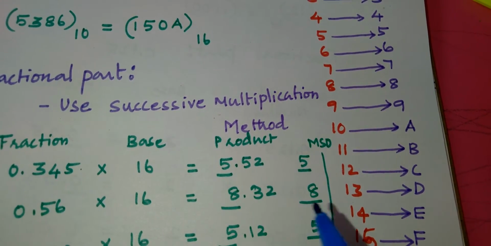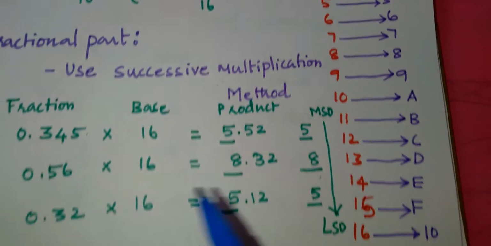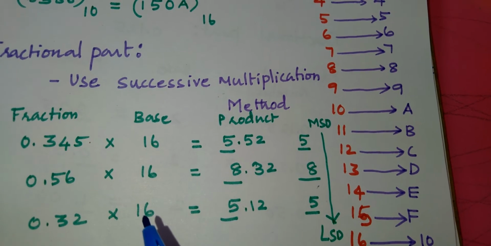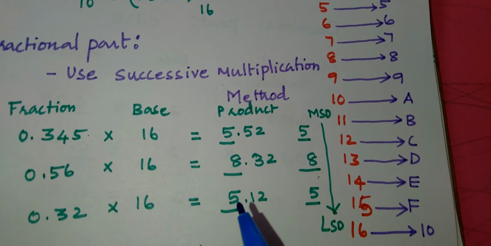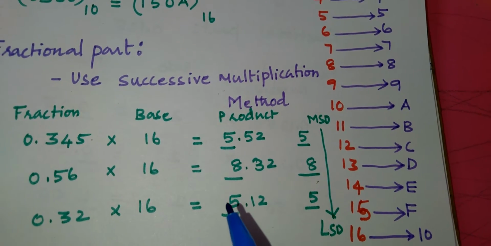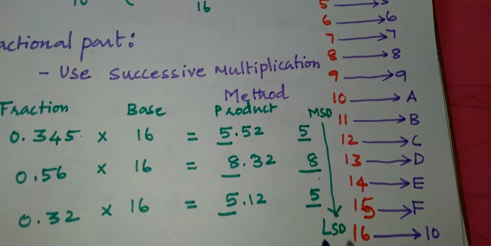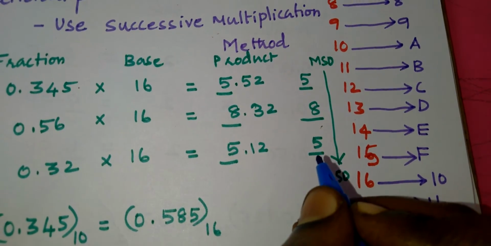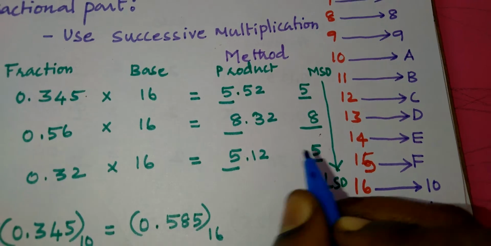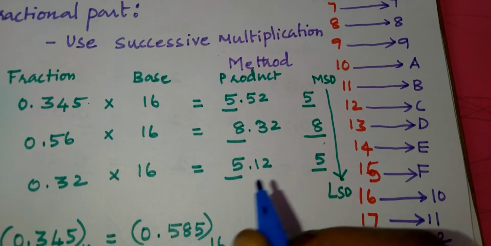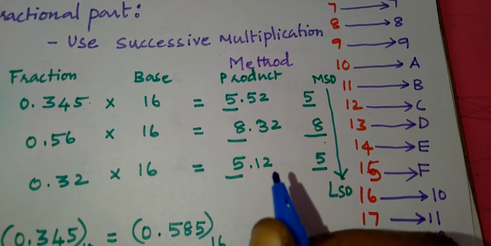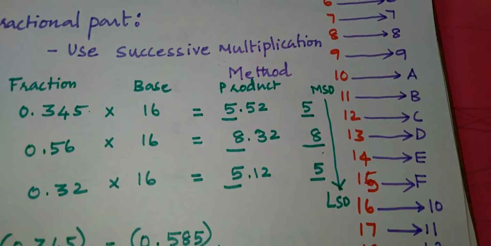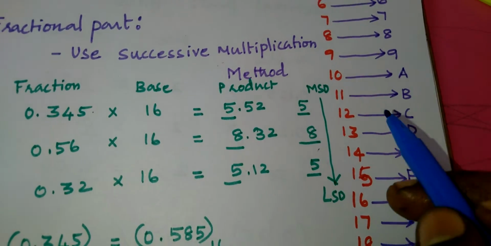Take the integer number alone for the answer, and take the fractional number for the next step, which gives 5.12, with integer number 5 and fractional part 0.12. Three steps are enough.